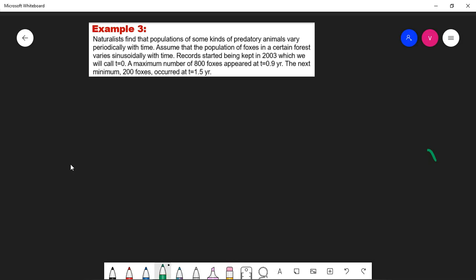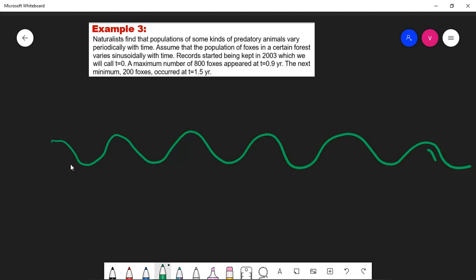Let's say here's the fox population varying over time sinusoidally. And when you happened to look, it was right here. That is not a very convenient place to start a wave.